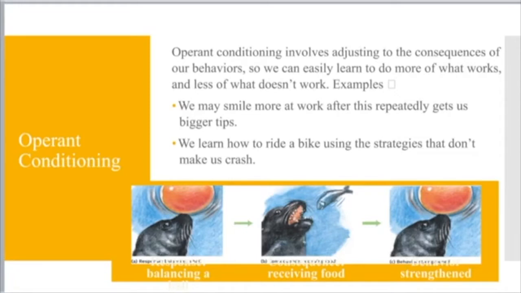We are going to talk about reinforcements and punishments. There are both positive and negative reinforcements and punishments. That's basically how operant conditioning works: you do something, you get a reward or a punishment, and so then you are either more or less likely to do that thing again in the future.